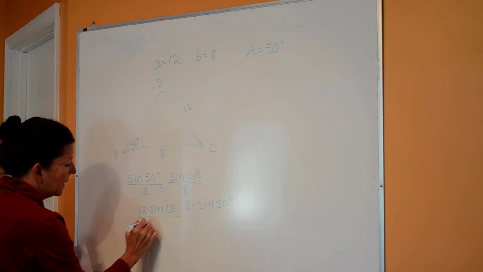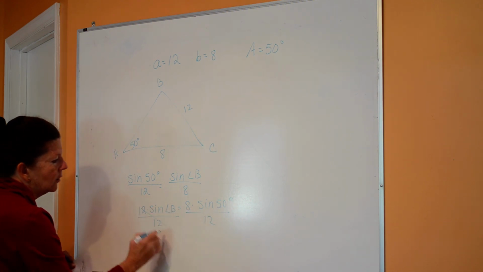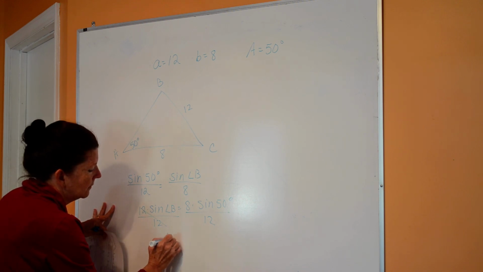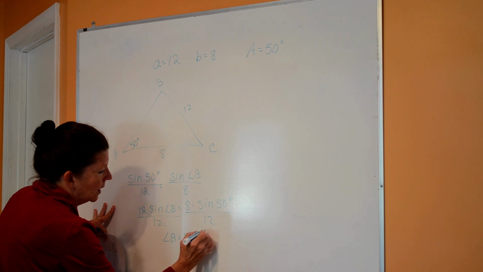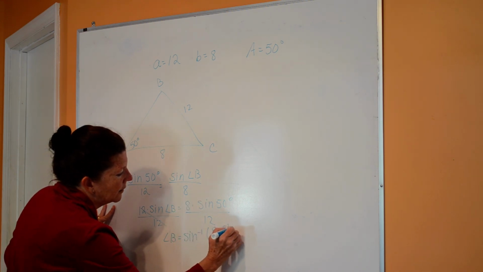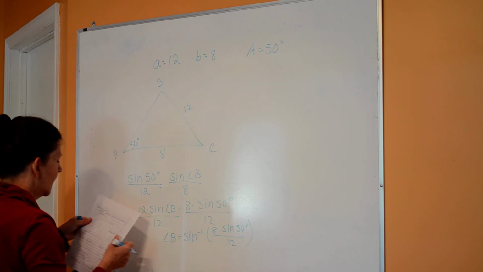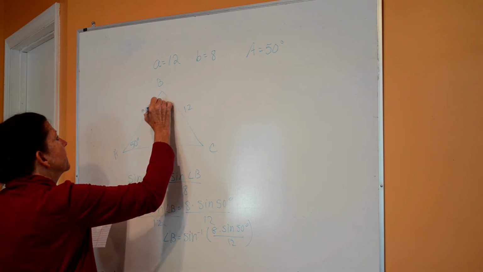I'm going to divide by 12 because this is my unknown right here. But that means I'm looking for an angle, so I'm going to use inverse sine of this whole thing. 8 times the sine of 50 divided by 12. Okay, and that's going to give me an angle of 31.